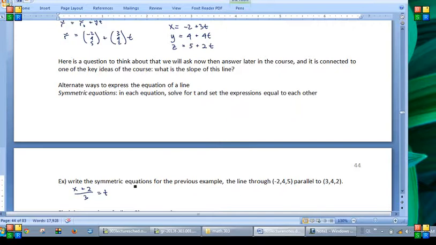And from the y equation, you get (y minus 4) over 4 equals t. And from the z equation, you get (z minus 5) over 2 equals t. So now, to get the symmetric equations, you just write (x plus 2) over 3 equals (y minus 4) over 4 equals (z minus 5) over 2.